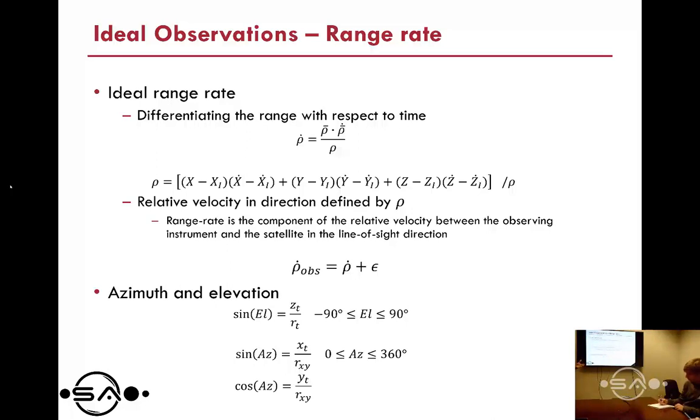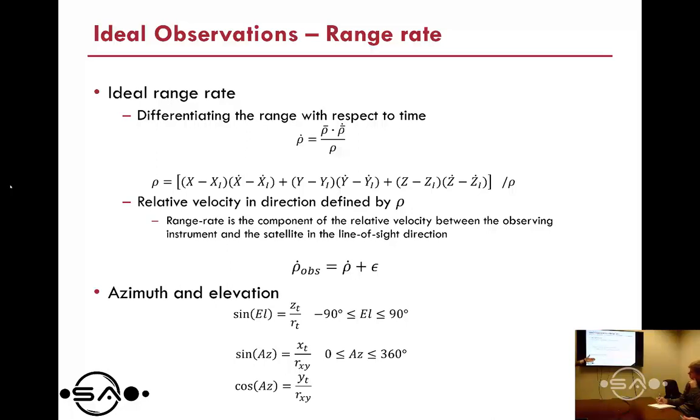You'll actually find that when the range is at a maximum or a minimum, the range rate is 0, right? Because it's changing direction at that point. So it's just the component of relative velocity between the observing instrument and the satellite along the line of sight, which in this case is our range vector.